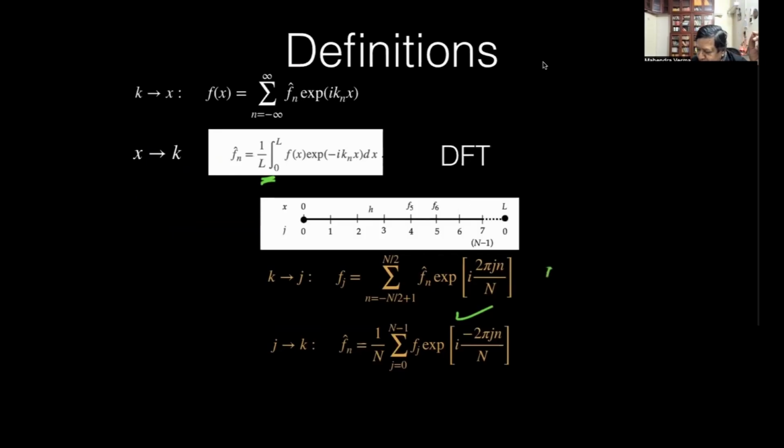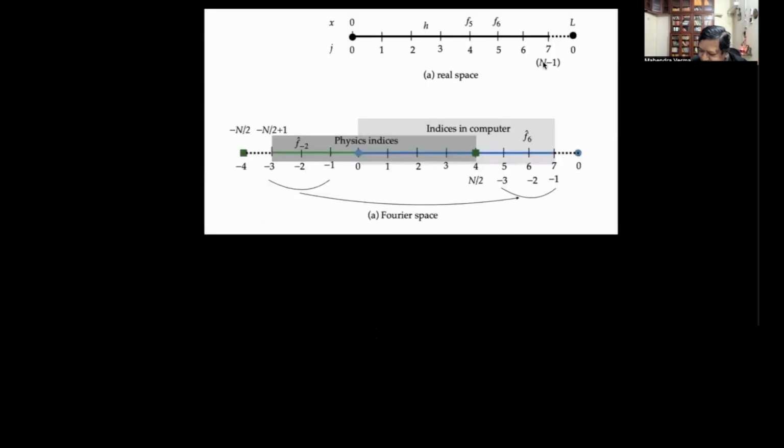Okay, i is the square root of -1, this i. And j is an integer and n is an integer. And small n goes from -N/2 plus 1 to N/2, and small j goes from 0 to N-1. This is a real space index here, and I showed you what the Fourier space index is. Fourier space indices are this.